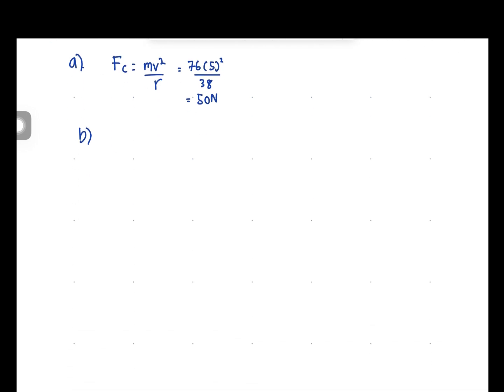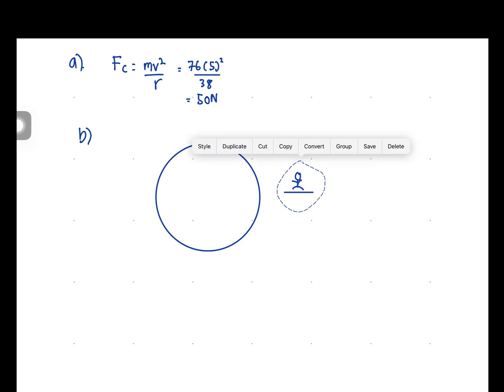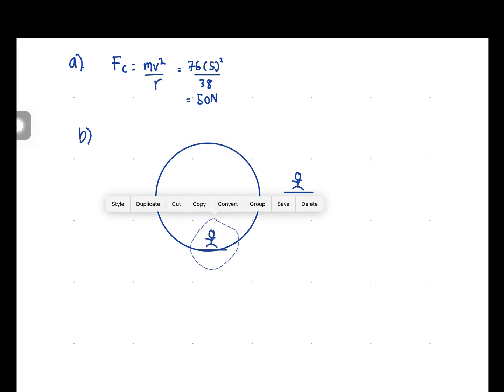So if I draw the free body diagram, there are two positions: the person sitting on the Ferris wheel at the bottom and at the top. One is sitting at the bottom, the other will be sitting at the top.